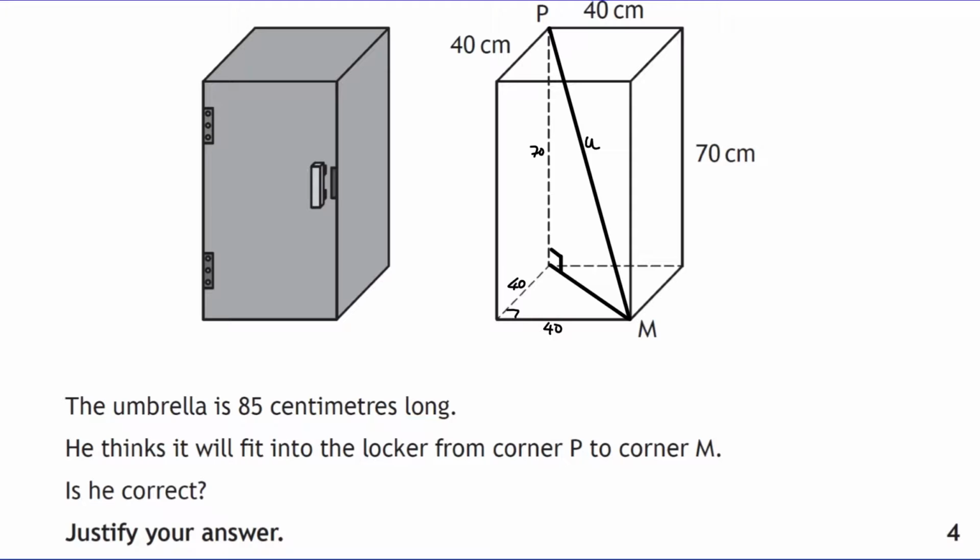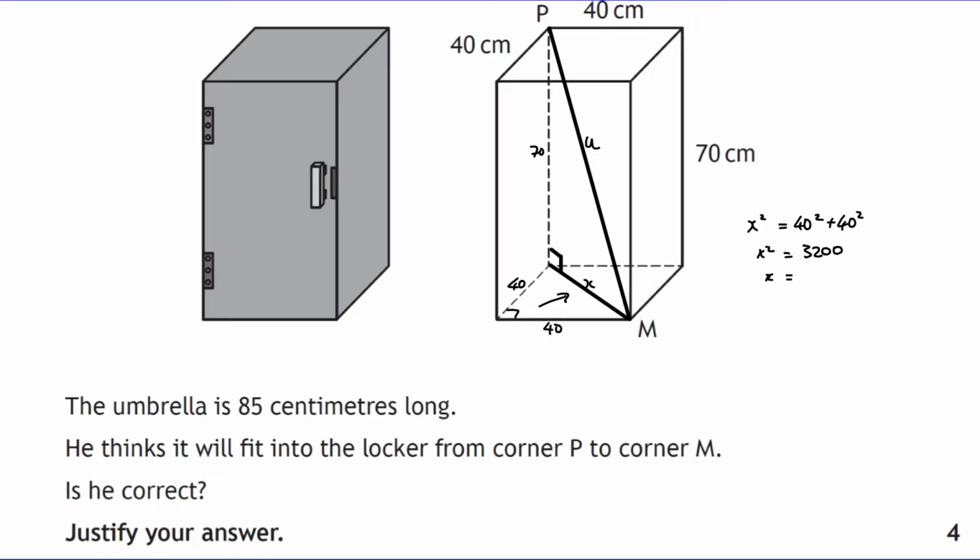So I'm going to call this first diagonal side on the base of the cuboid x. So x squared equals, and it's the hypotenuse, it's across from the right angle, so we're adding, so it's 40 squared, add 40 squared. X squared equals 3,200, and then we square root that.